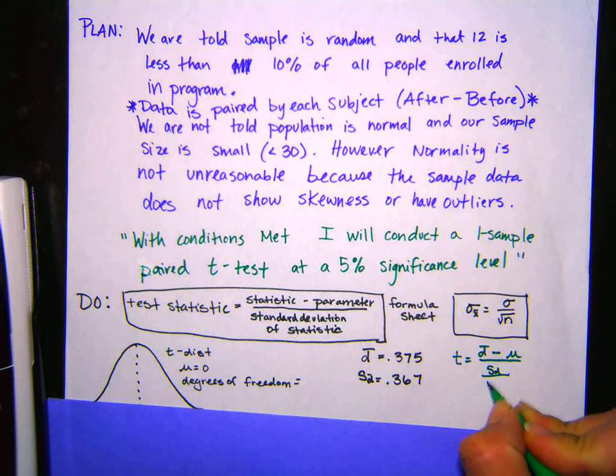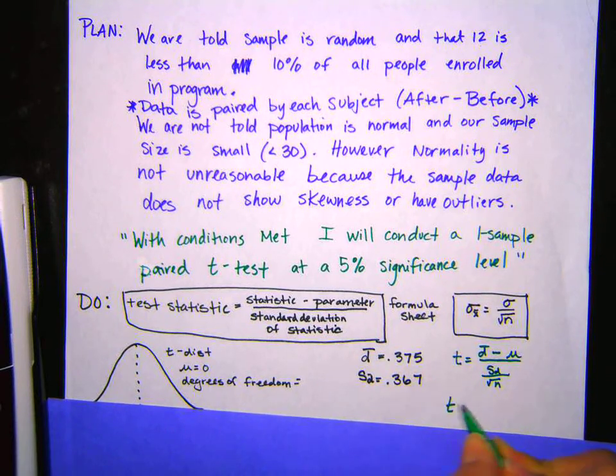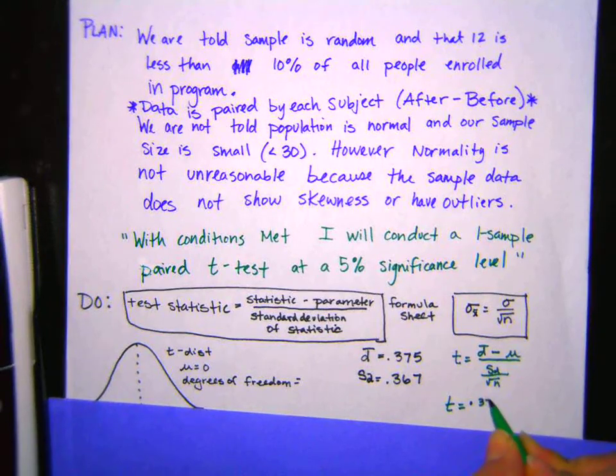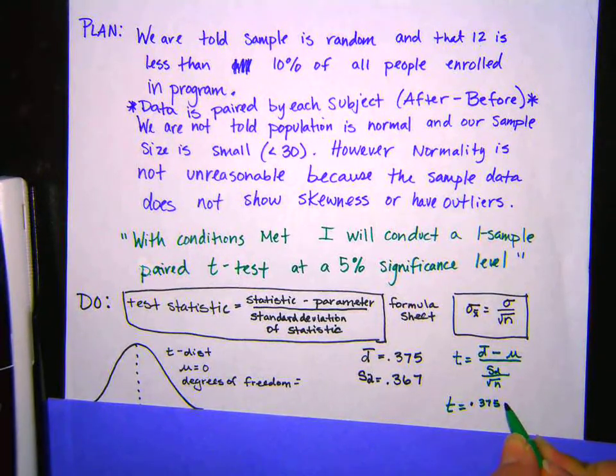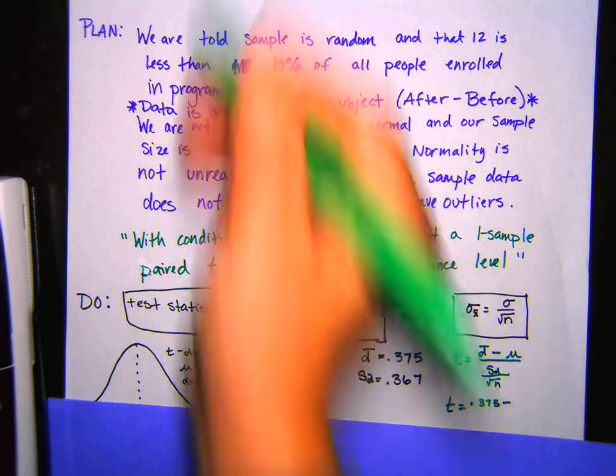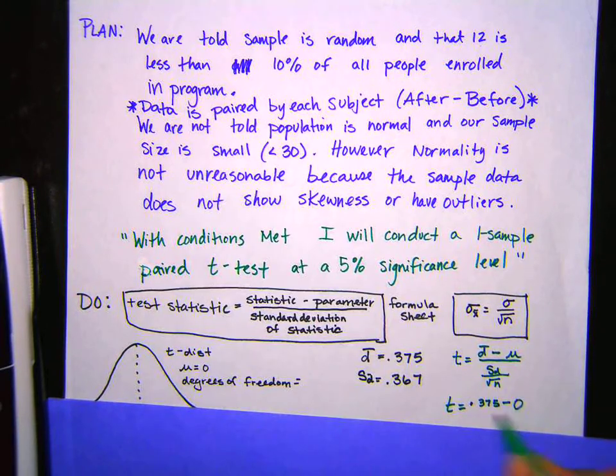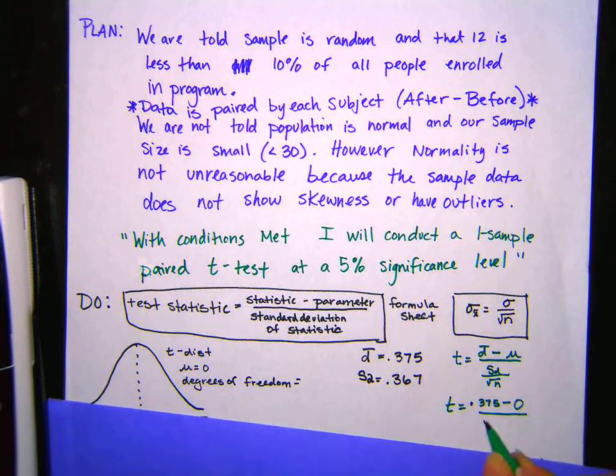So T is going to equal 0.375 minus our mean claim, which was 0, divided by 0.367 all over the root of n, our sample size.